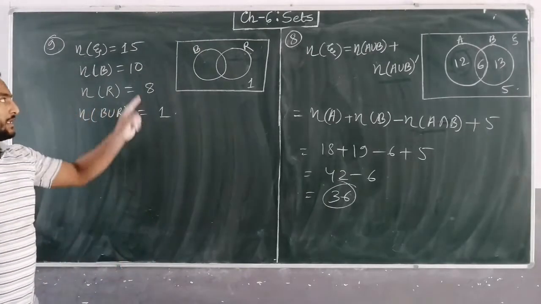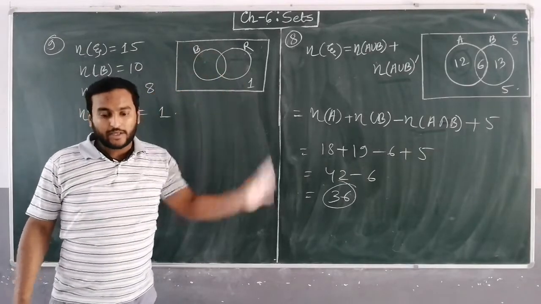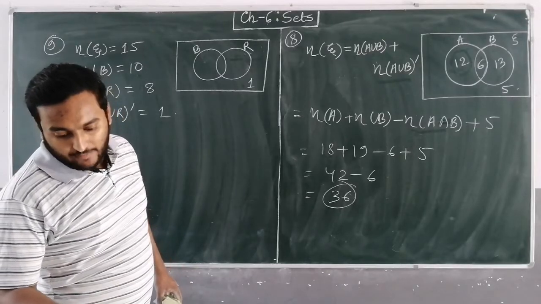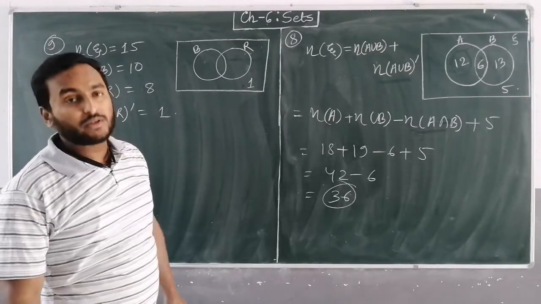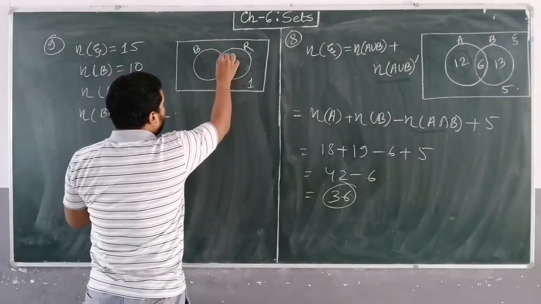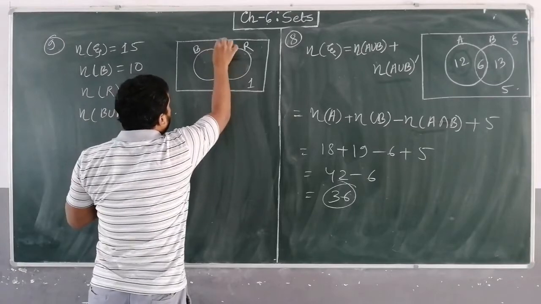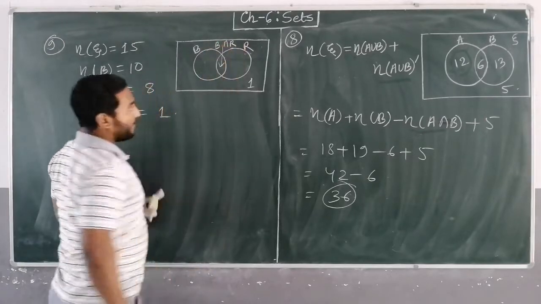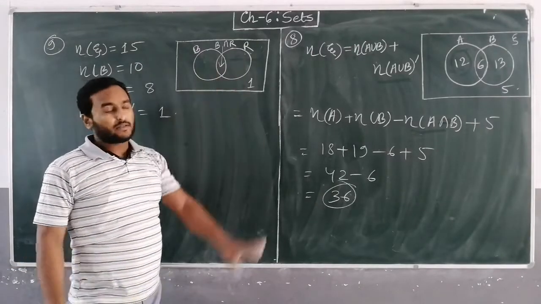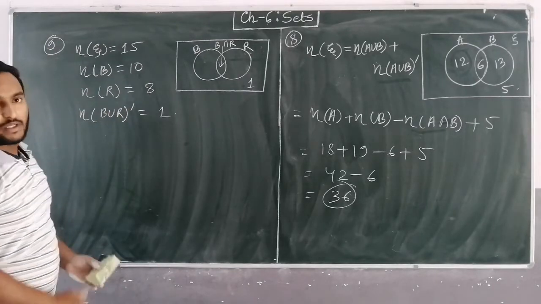What you have to find is the number of girls who bought both the items, means this part, the intersection part, B intersection R, bangles as well as ribbons.